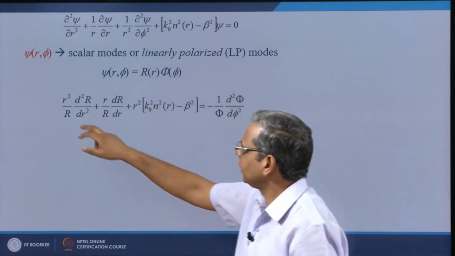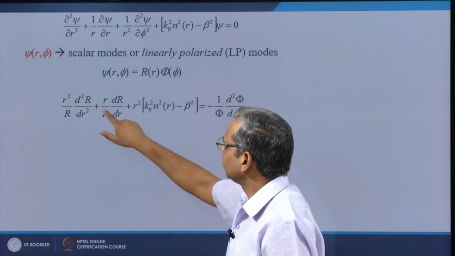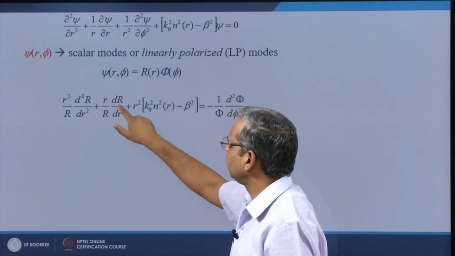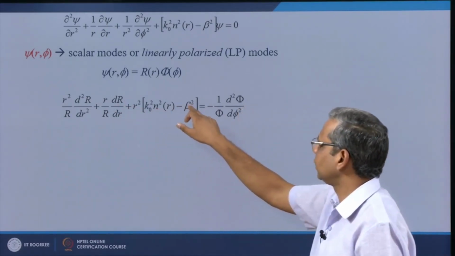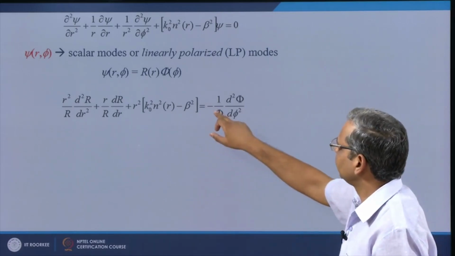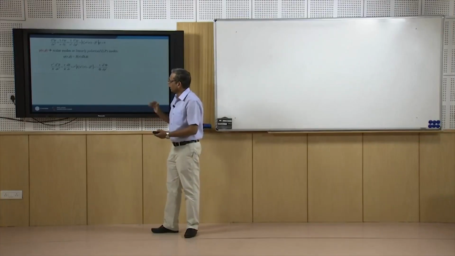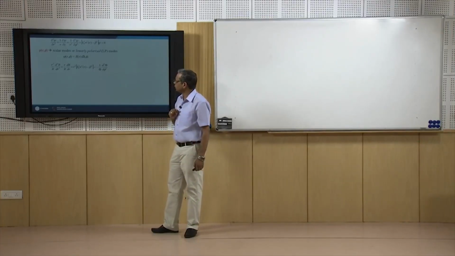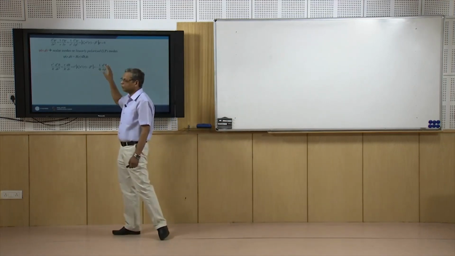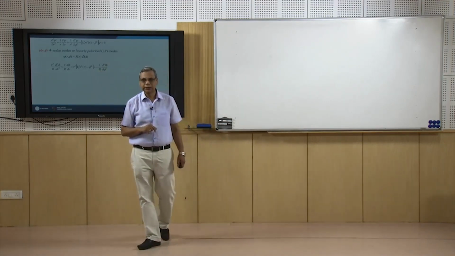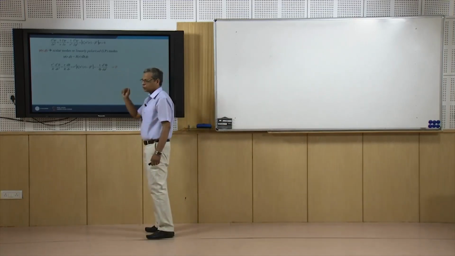So, I get r square over capital R d 2 R over dr square plus small r over capital R d capital R over d small r plus r square k naught square n square r minus beta square is equal to minus 1 over phi d 2 phi over d phi square. So, I have separated them out. The usual procedure now is to equate it to some constant, and since this is a second order equation, I will take the constant in the form of a square. So, I take it as L square.